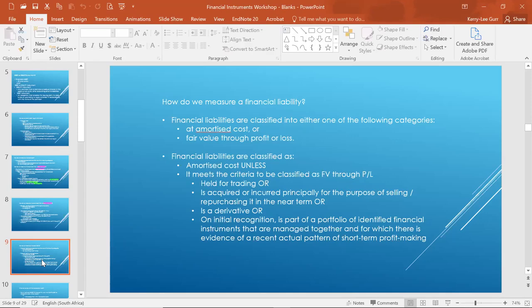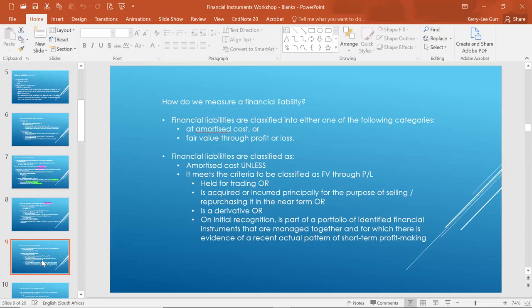profit or loss. And again, you'll see a lot of these other 1, 2, 3 bullet points, they're really focusing on the fact that the intention or the purpose is for the purpose of trading. So it's available for sale, it's for the purpose of trading, it's for the intention of short-term profit making.